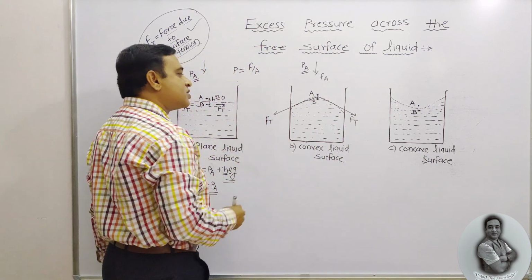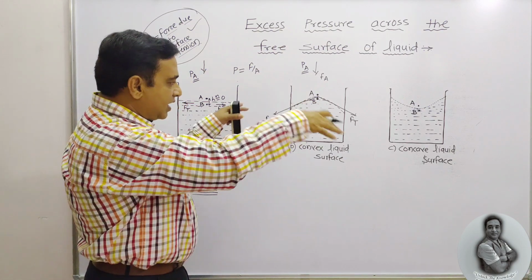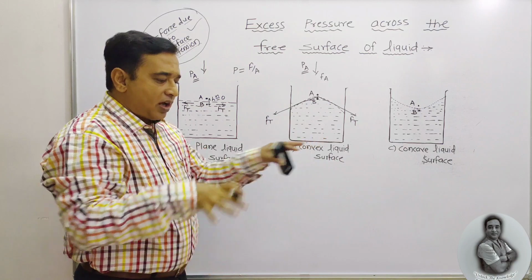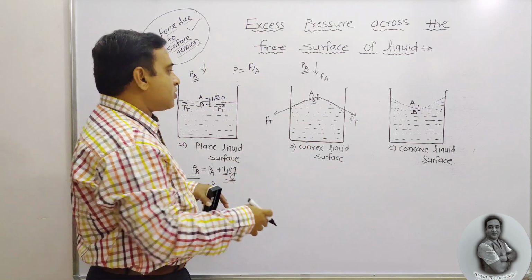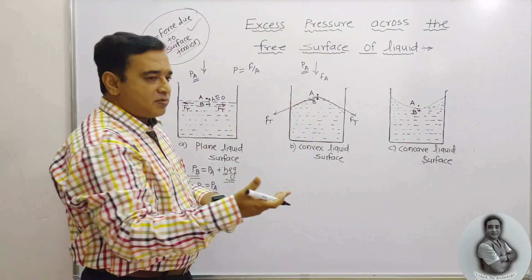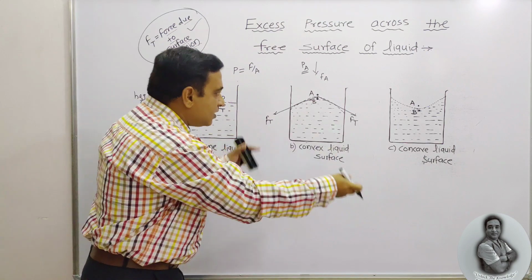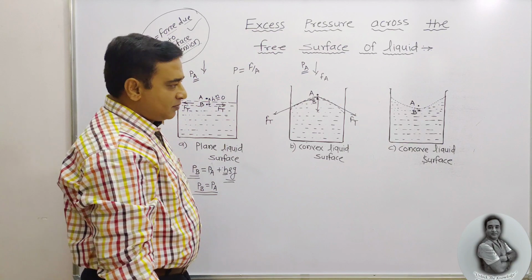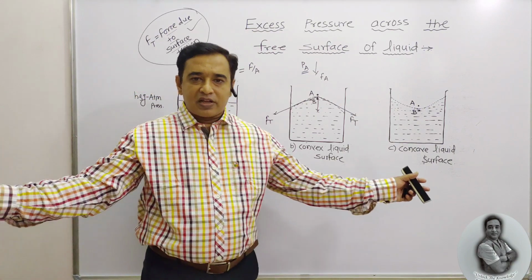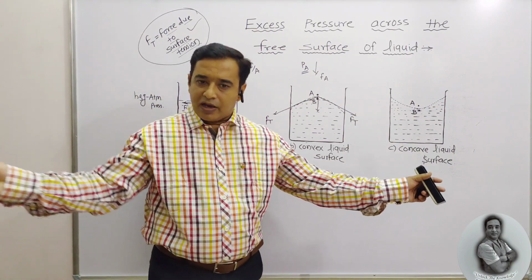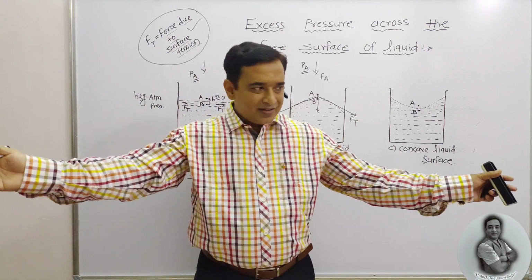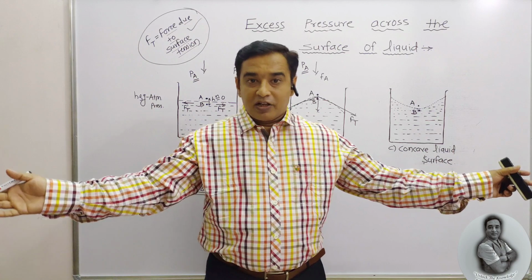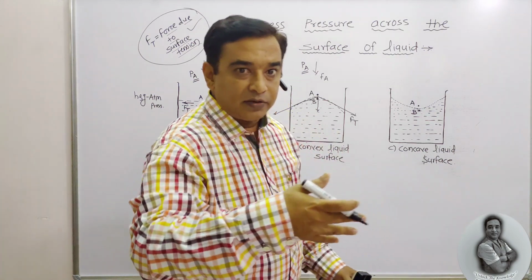But the resultant force due to surface tension is along the surface, because it acts throughout in all directions. If I consider these two directions, when it is pulled, the resultant goes in the downward direction. Just like one person pulling the hand towards this side, another person pulling the hand towards this side, then automatically the person goes to the front side.